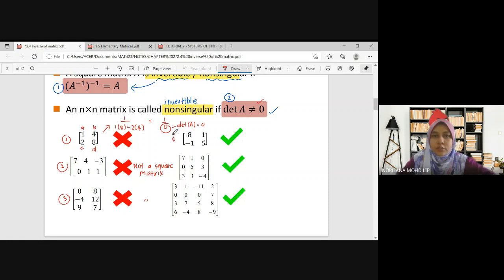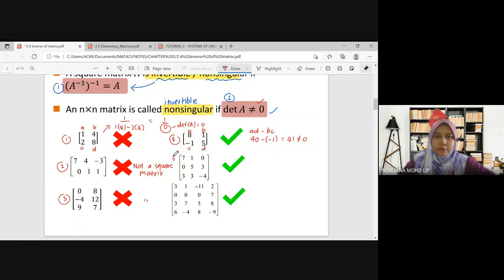Number 4: if you find the determinant AD minus BC, you get 40 minus negative 1, which is equal to 41. It is not equal to 0. Therefore, this matrix is invertible.